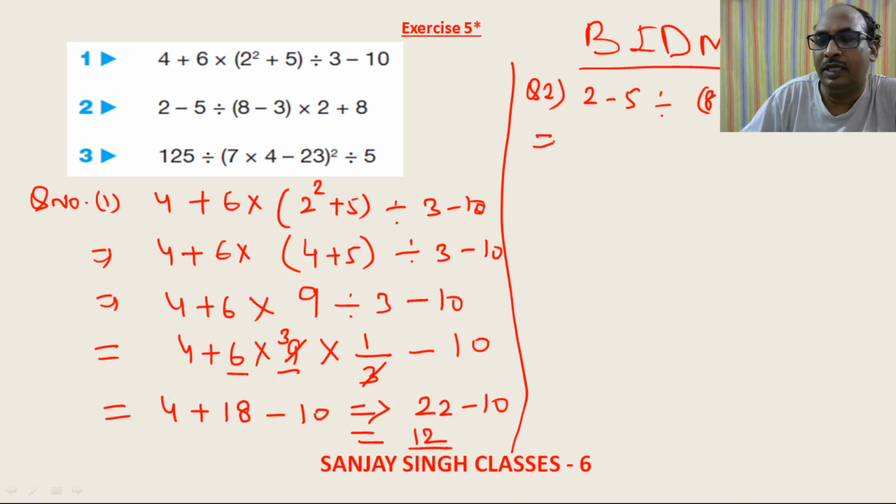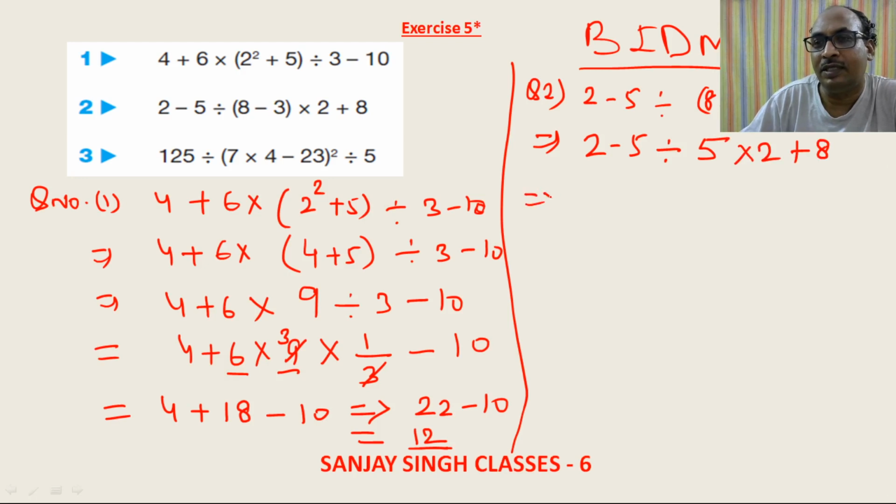Utilizing the BIDMAS rule. Several times I will not tell; now I will keep quiet and just solve the question, and you need to observe and apply whatever rules we have discussed. In the bracket, 8 minus 3 will become 5, into 2 plus 8.